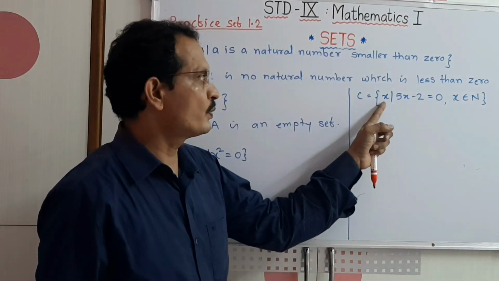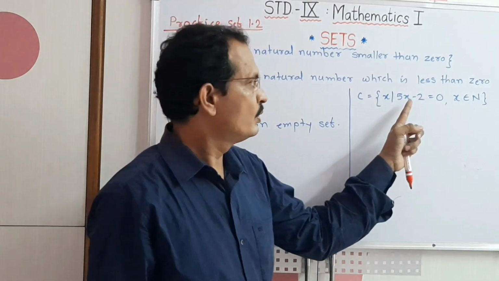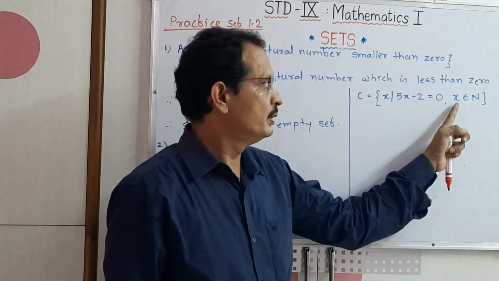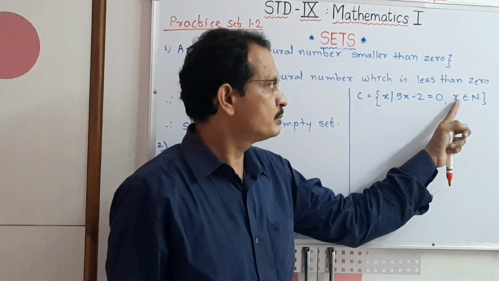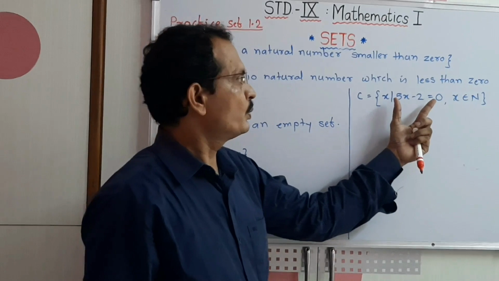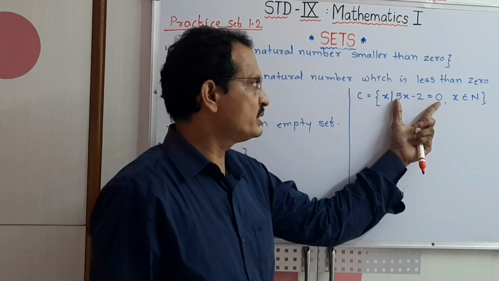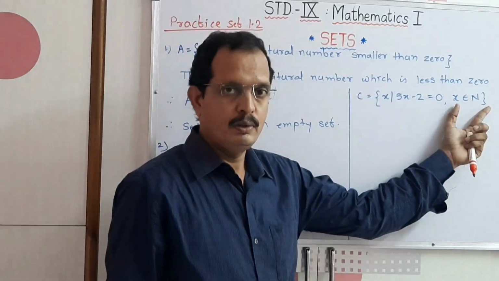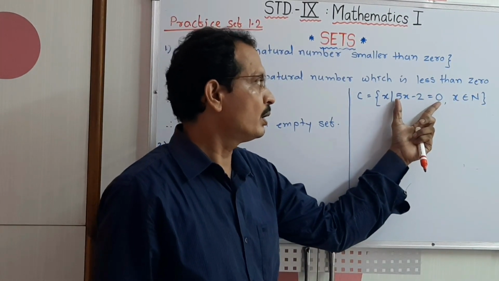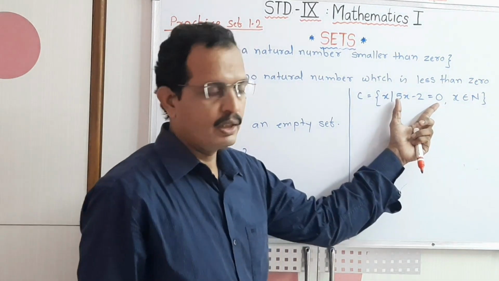The element of this set is a natural number, but which natural number? The number we get after solving this equation.